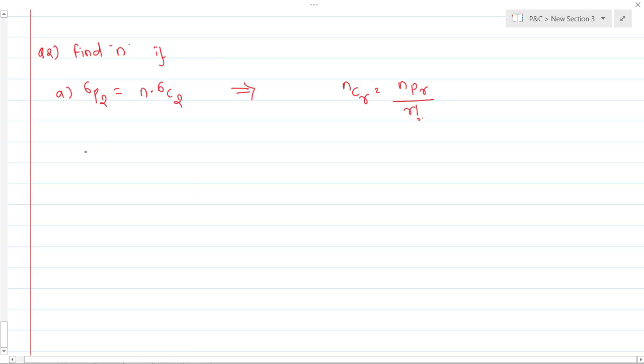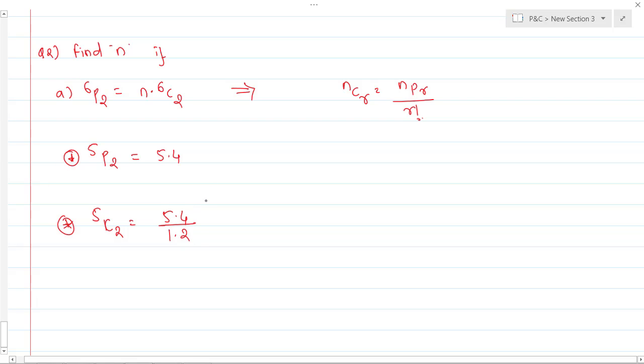See here, suppose we have 5P2. How do you solve this 5P2? Decrease the 5 two times, so 5 and 4. But when I say 5C2, what do we do? Decrease the 5 two times, that is 5 into 4, but we divide by 1 and 2 here. So in combination we have division, but in permutation we do not have any division.